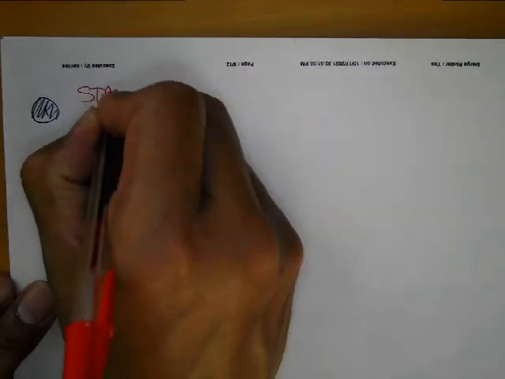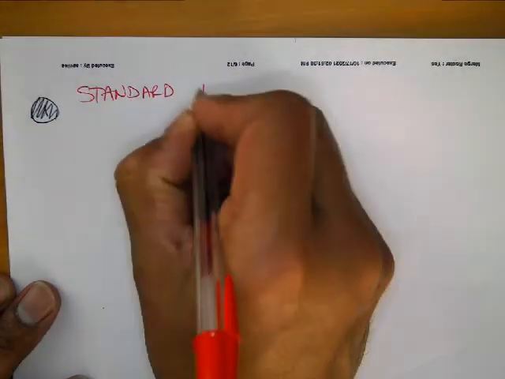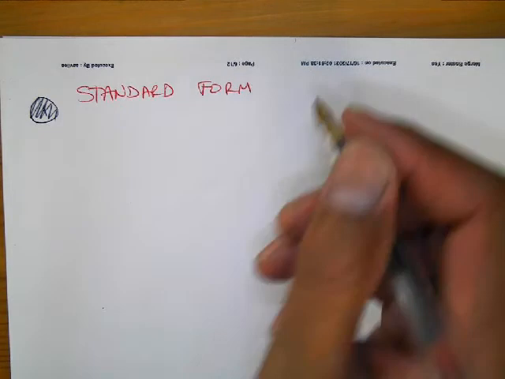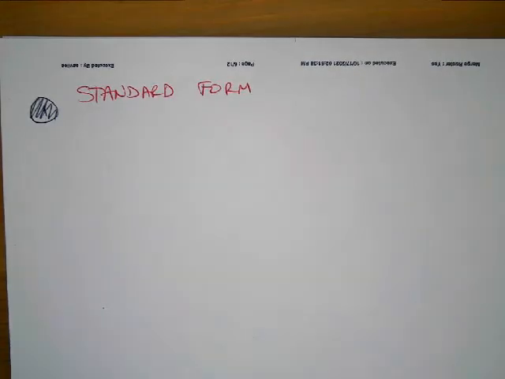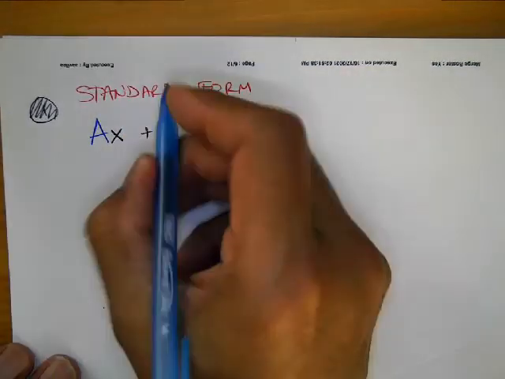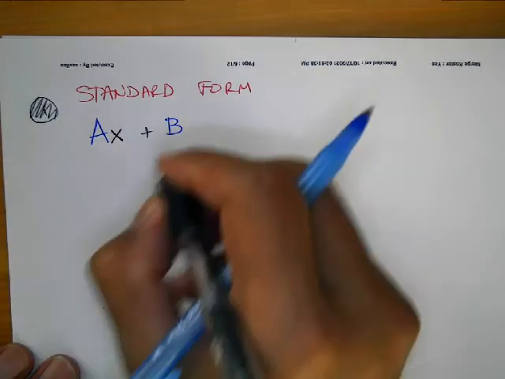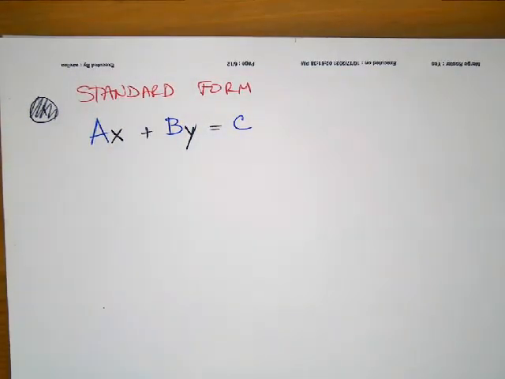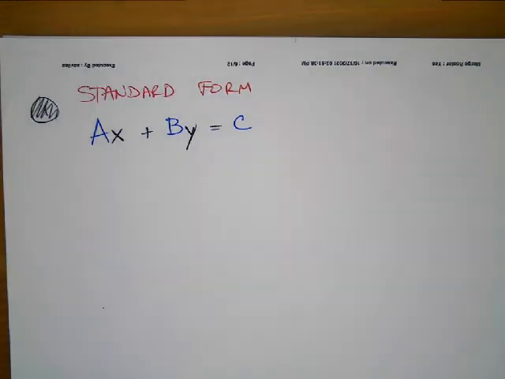So the standard form of an equation of a line is this: Ax plus By is equal to C. Okay, we're going to leave it like that.